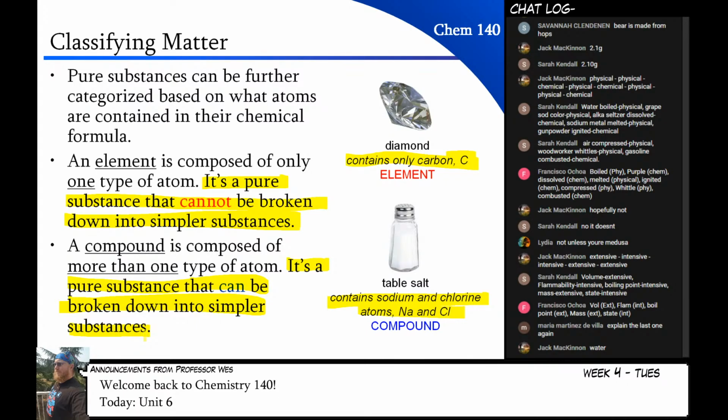The table salt itself is still pure because it's the only thing in the salt shaker. So those are two categories that we can use to discern between elements and compounds, the two different types of pure substances we're going to care about.